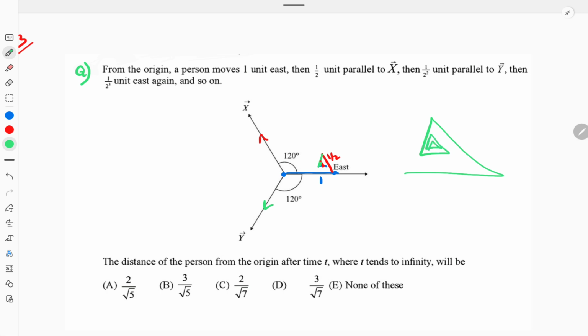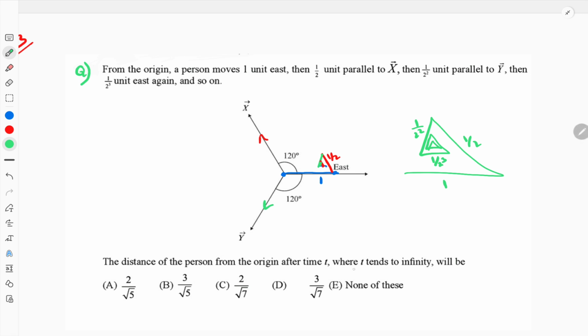So he continues to move like that, and the distances every time are 1 by 2, 1 by 2 square, 1 by 2 cube, like that. The distance traveled in a particular direction is in a GP: 1 by 2, 1 by 2 square, 1 by 2 cube, like that.